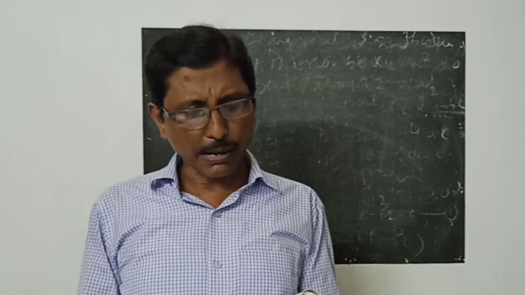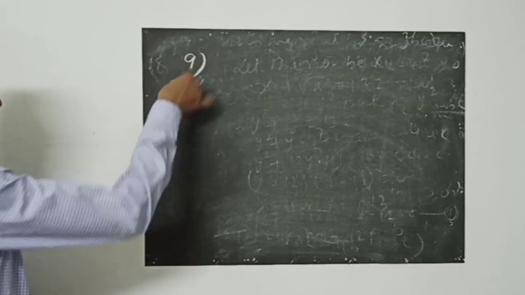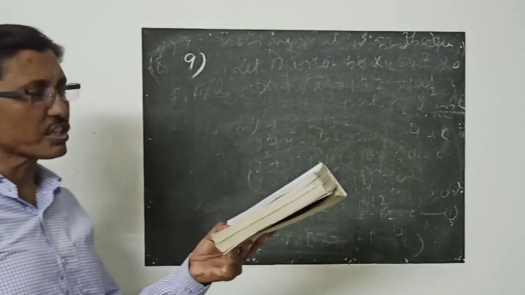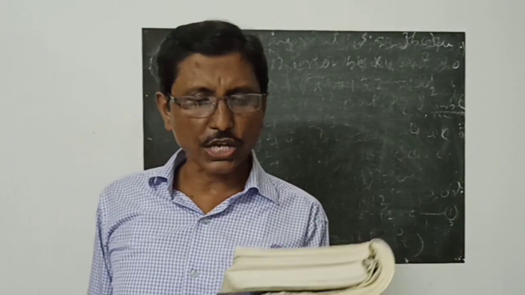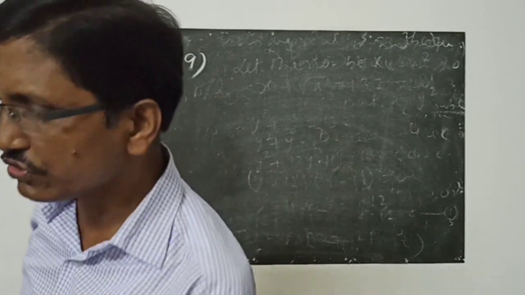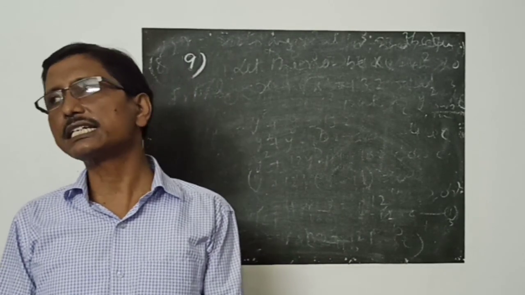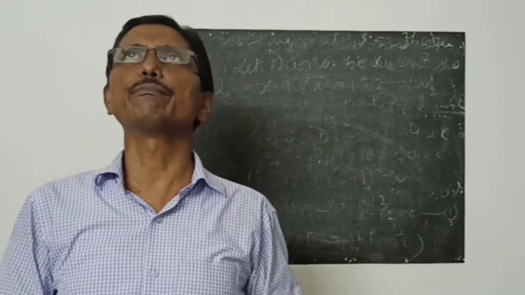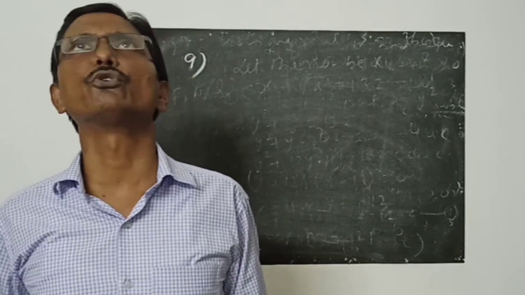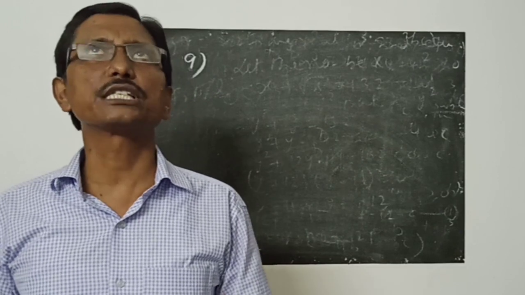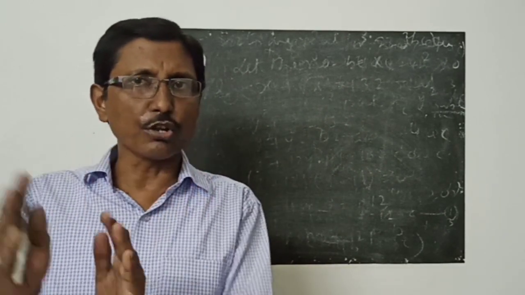In this way, suppose question number 9: find two consecutive multiples of 3 whose product is 648. Consecutive multiples of 3. So in some books you can get the multiple of 3 as one number 3x, other number 3x plus 3. But in this form no need to take it, because these are consecutive multiples of 3, so their difference will be 3 only.